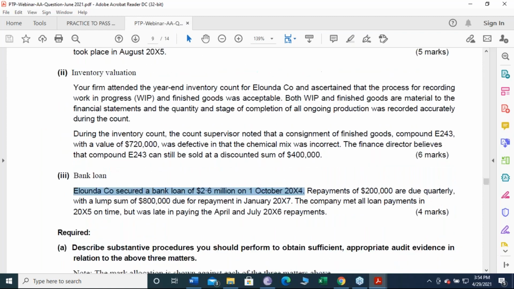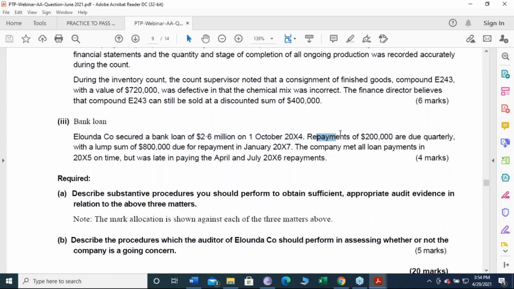Okay, it's an old loan. Repayment of 200,000 are due quarterly. So I would like to review the bank statement and cash day book in order to verify that the 200,000 has been paid. Maybe the client has recognized that they have paid the loan, but the bank statement and cash day book are not reflecting that. Maybe the cash day book is reflecting it, but the bank statement is not.